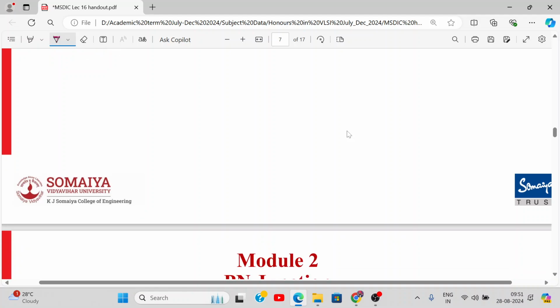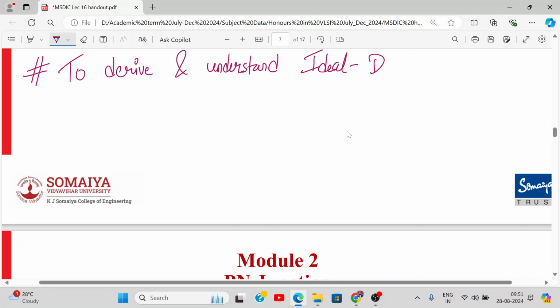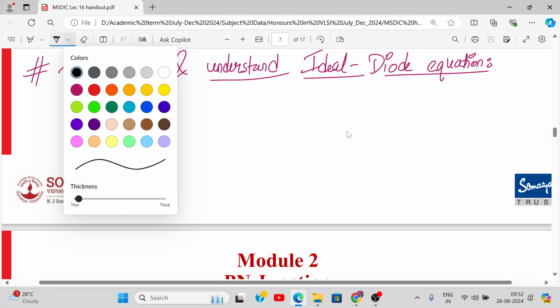Okay, so let's start. Write down: next aim will be to derive and understand the ideal diode equation. Not only to derive but also to understand from the inferences what each and every term means.